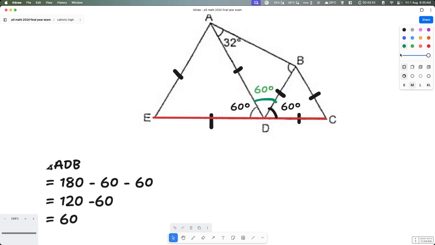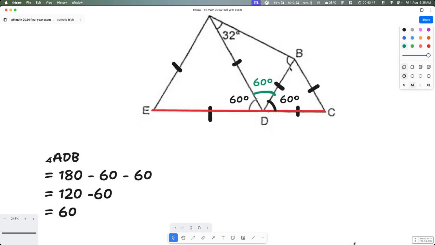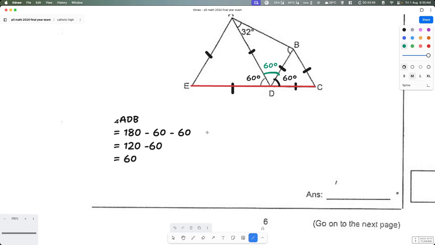So the next thing is we can finally get this angle. Angle ABD is 180 minus 60 minus 32.